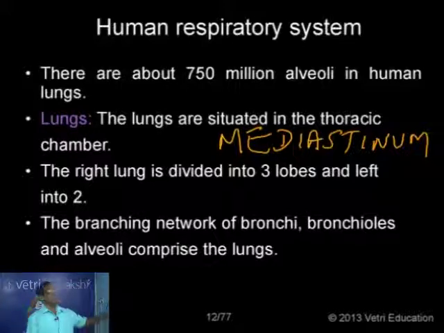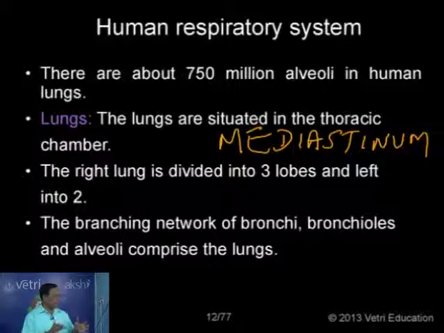So the lungs are the principal respiratory organ situated in the thoracic cavity. As a general rule, we have two lungs. The right lung is formed of three lobes, and the left lung is formed of two lobes. That is just anatomy you can have. And what do you mean by the lung, the respiratory surface, the respiratory organ?